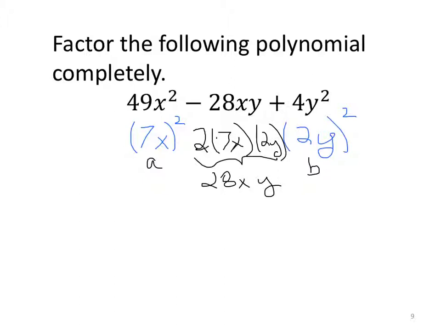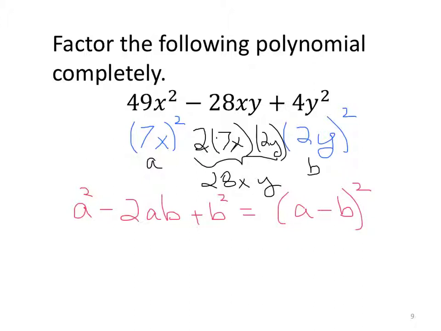So the formula for a perfect square trinomial is a squared, and we're going to use the minus 2ab plus b squared, which is the form of this trinomial, is going to be simply a minus b squared.